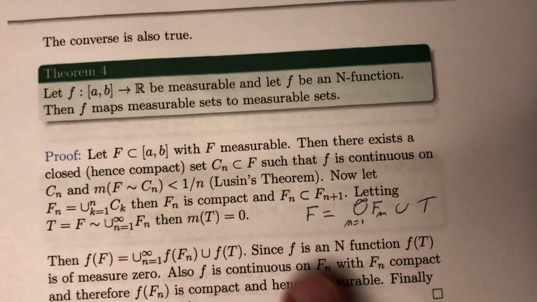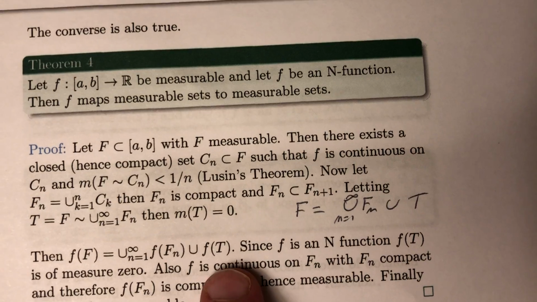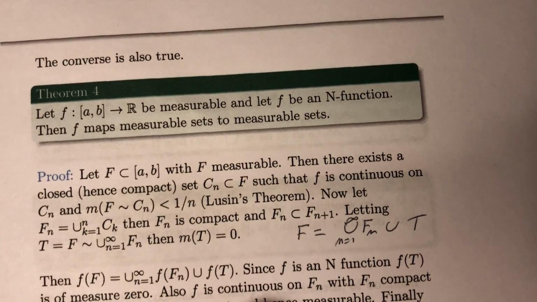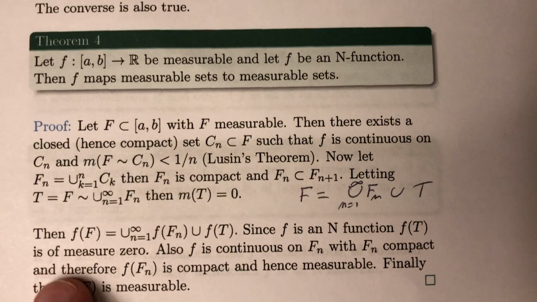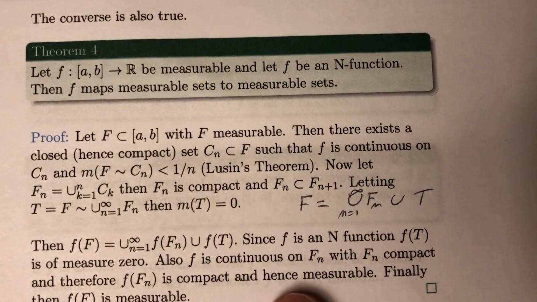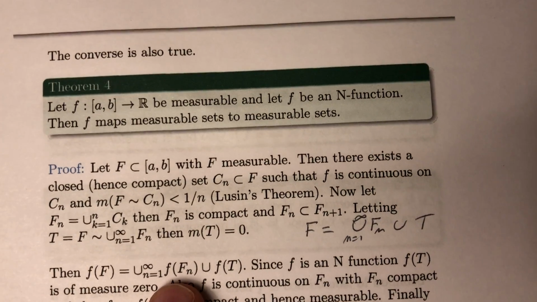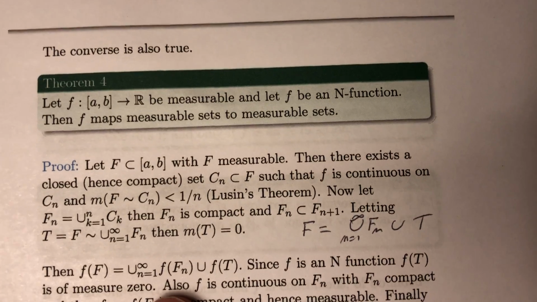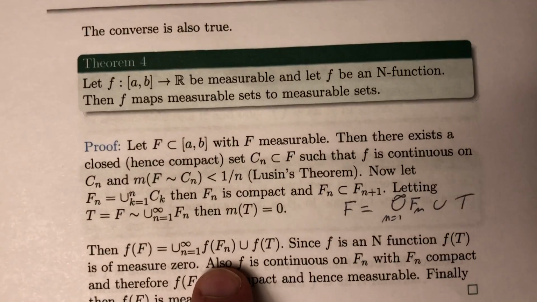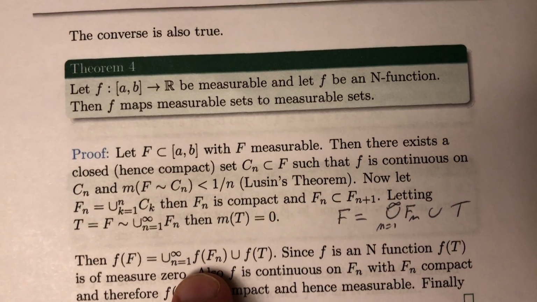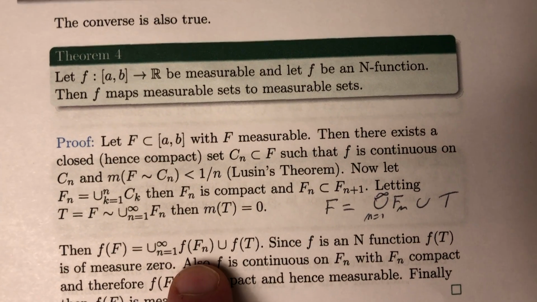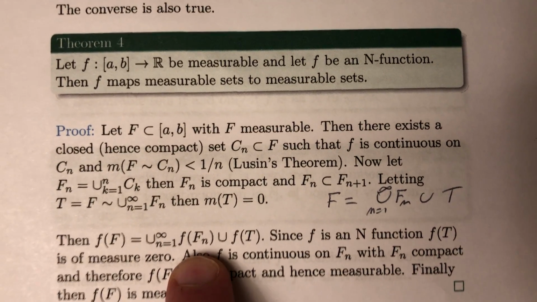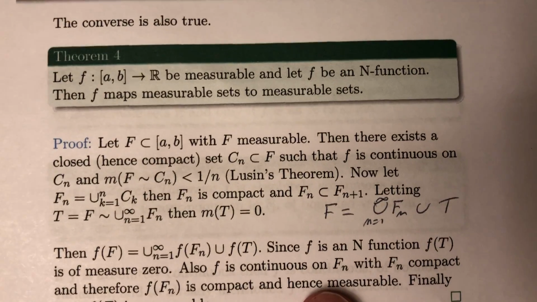Now, since f is an N function and T is of measure 0, f of T is going to have measure 0. But also, remember, little f is continuous on each of these F_n's. So a continuous function evaluated at a compact set is another compact set.